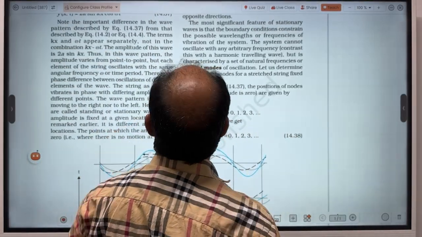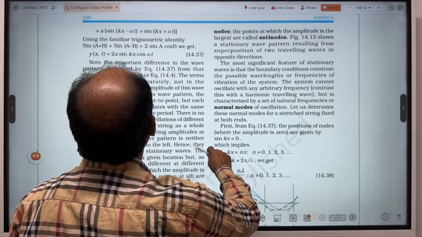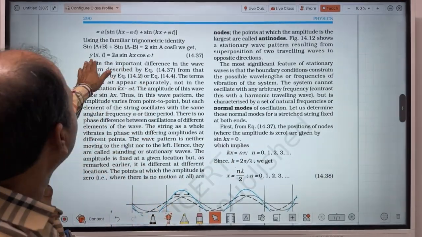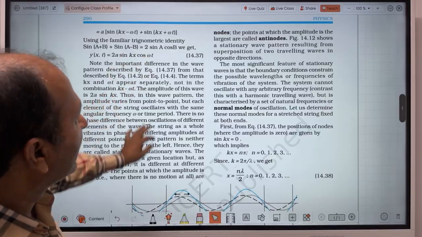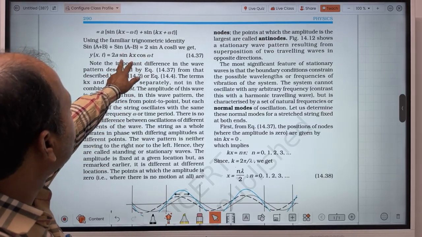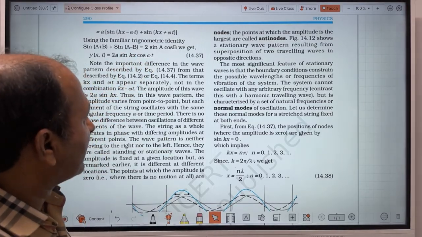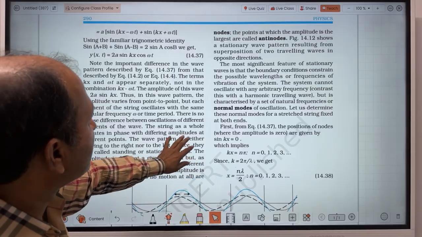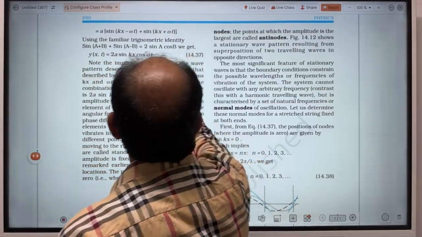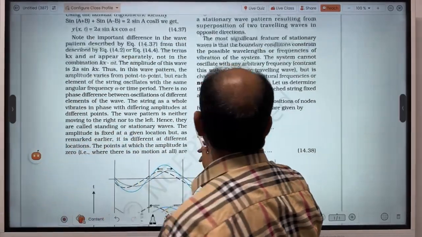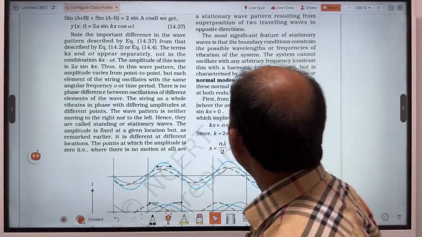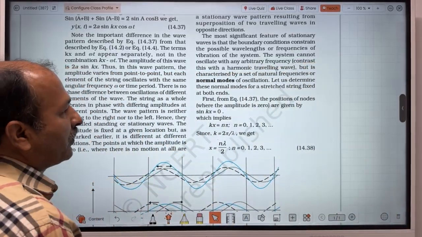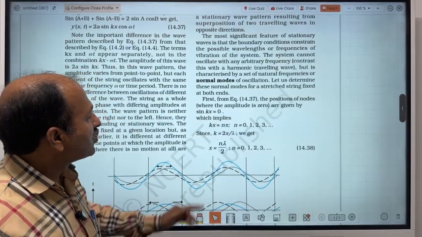So what we have observed, we have seen the relation here: y(x,t) equals 2a sin kx cos omega t. Now we are going to put 0 this term and this term separately. So first let's put sin kx equal to 0. If you remember, sine becomes 0 at 0, pi, 2 pi, 3 pi.